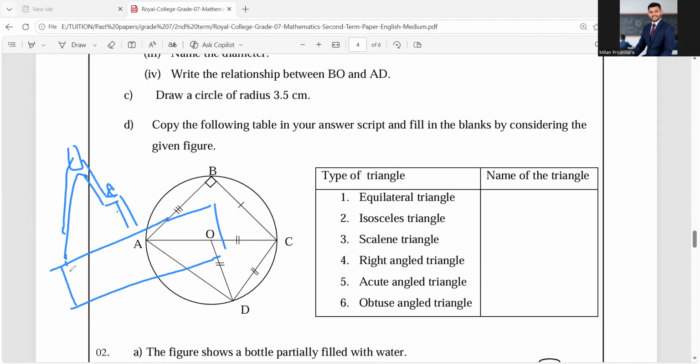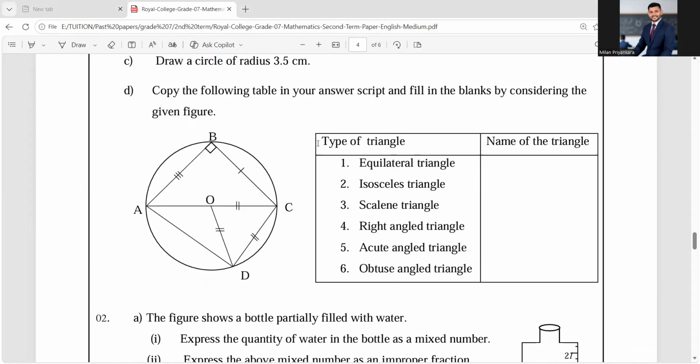You put the compass point on 0, and put the pencil on the 3.5 centimeter mark, and then draw a circle. So the radius will be 3.5. Here in part C, we just have to draw a circle and that's all.